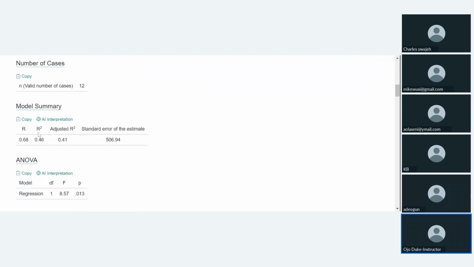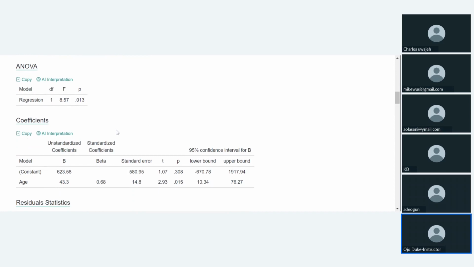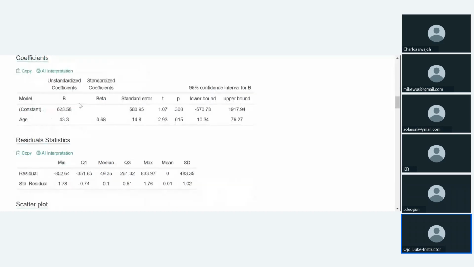Let's see if older people will earn more salary. There's a factor you call the R squared factor. This is what determines the level of correlation with the independent variable. You also have other factors. You have the F, you have the P. In some cases, you even have the S factor. So this is the model itself.